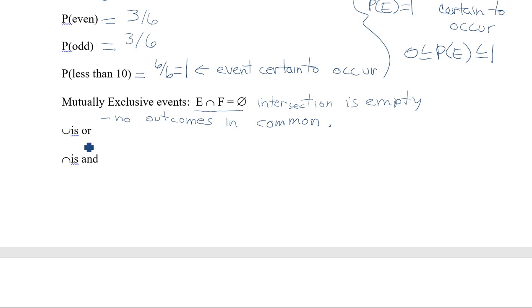So, union, you might remember from your study of sets, is like the word or. The union of two sets corresponds to the word or, and the union is combining all the elements.